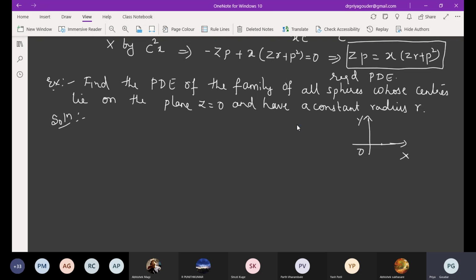Now, if there is a point lying on the x-axis, suppose this value is 1, how do you write the coordinates of this point?